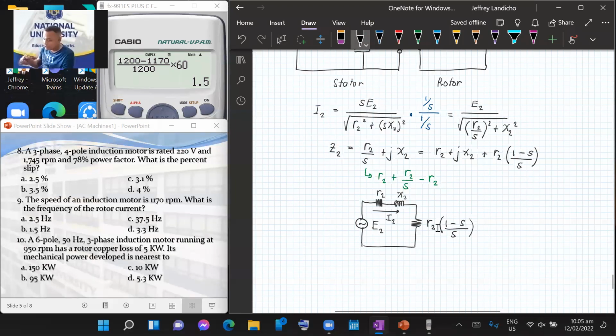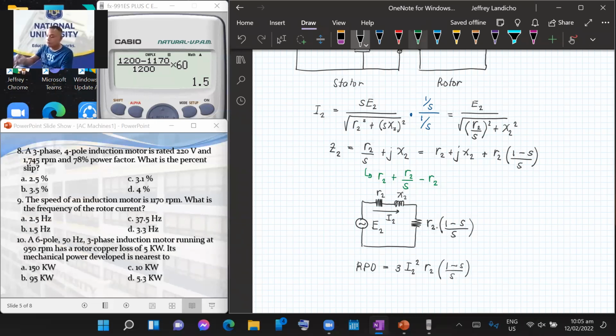So lumalabas using power formula, RPD, it is anong current ang dadaan sa kanya? I2 squared. Ano resistance ng power developed? Si R2, quantity 1 minus S over S. Kung 3 phase yan, i-times 3 natin.